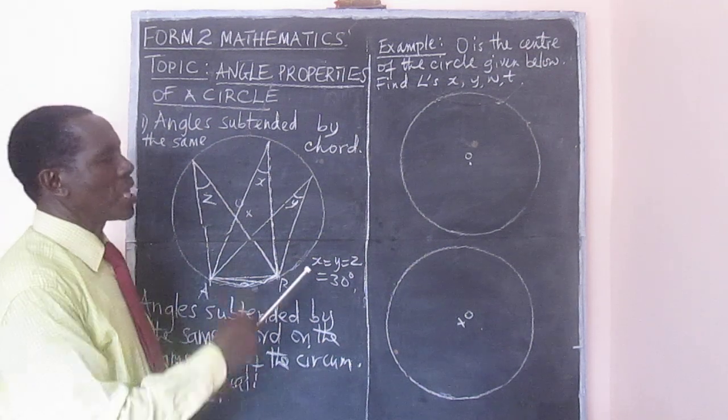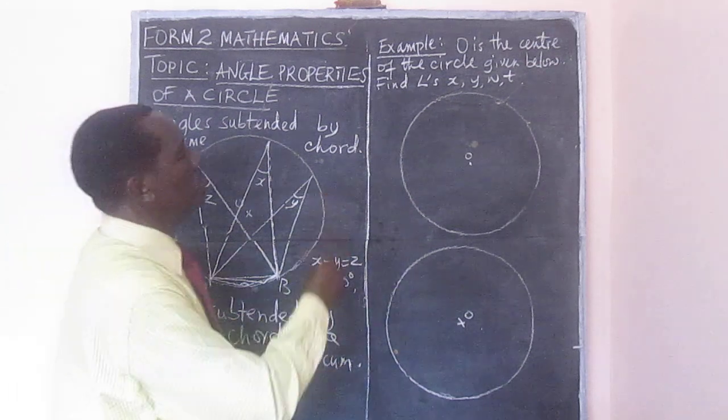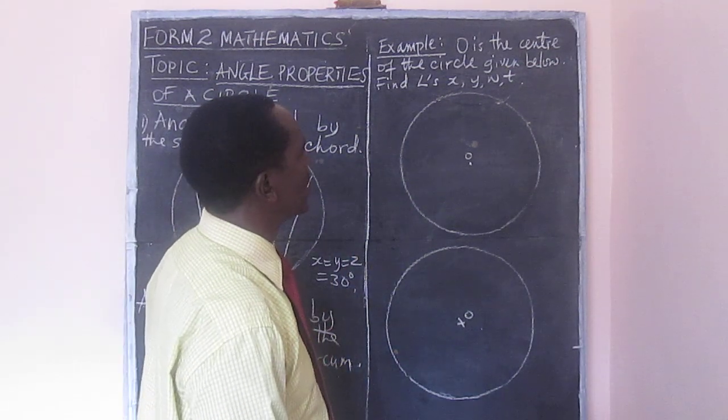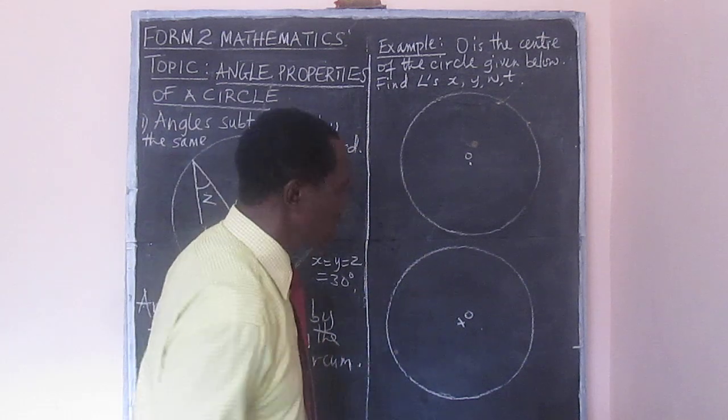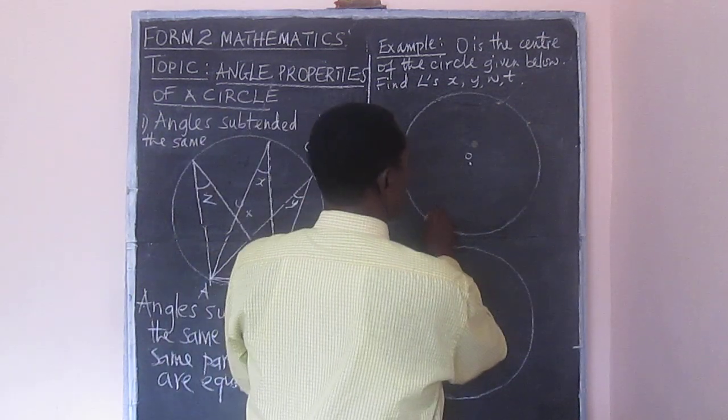Now we would like to use that to work out a question here. There is a chord. I'm going to do it freehand so that we save on time.